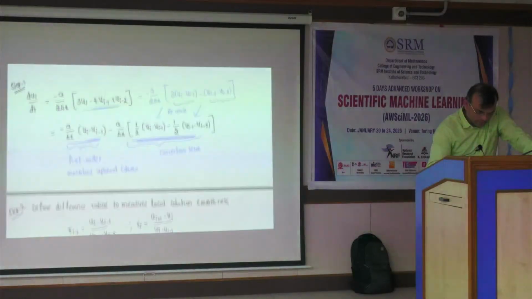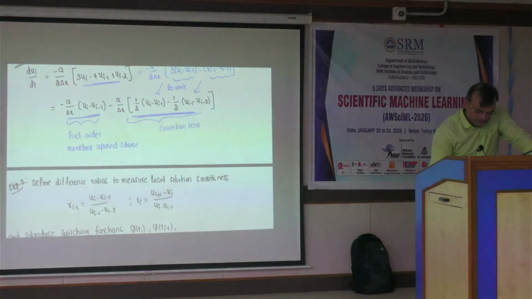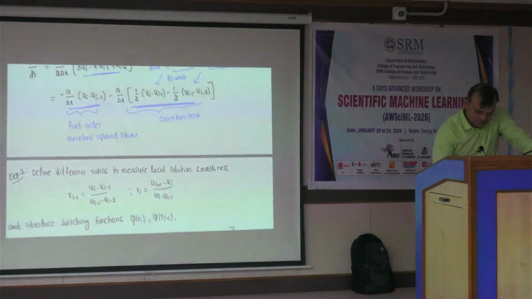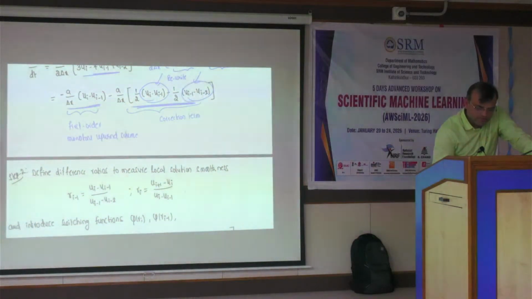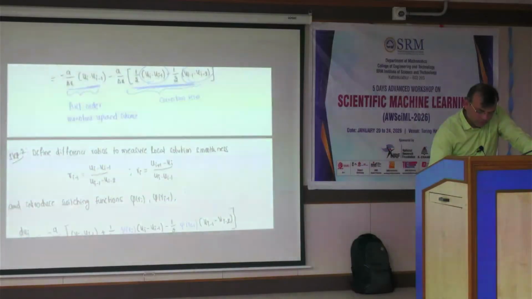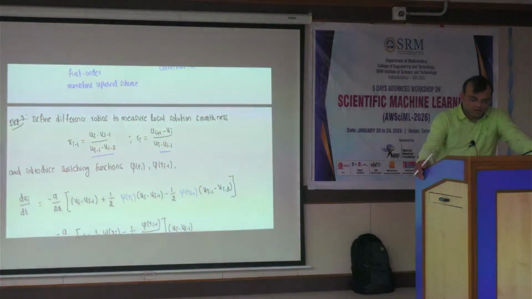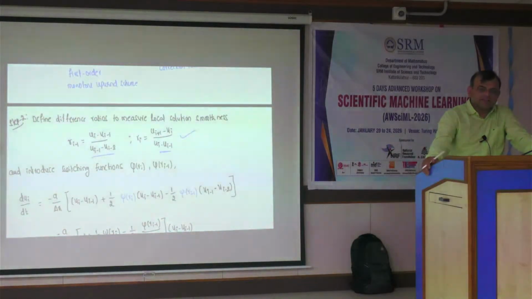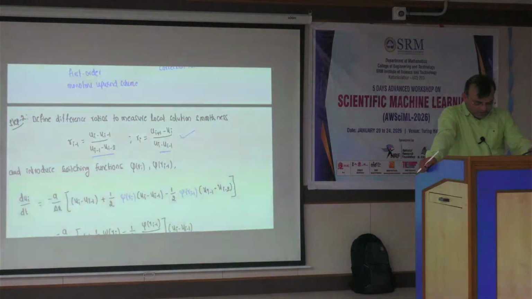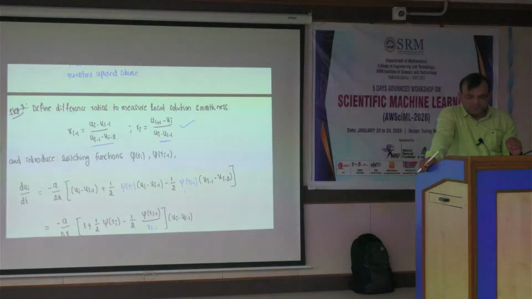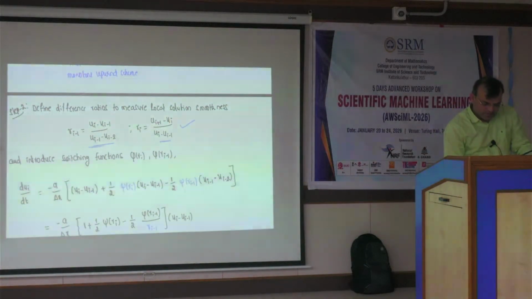Now, if you are taking these coefficients ui minus 1 and ui minus 1, ui minus 2, we are finding the successive ratios. Ri is ui plus 1 minus ui by ui minus 1, and replacing i by i minus 1, you will get Ri minus 1.